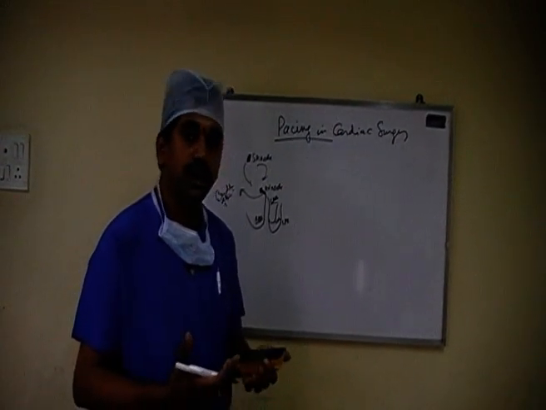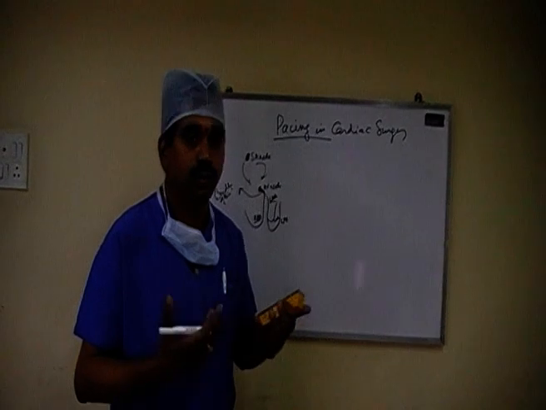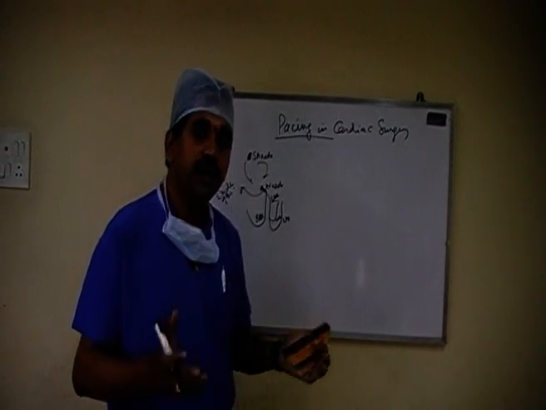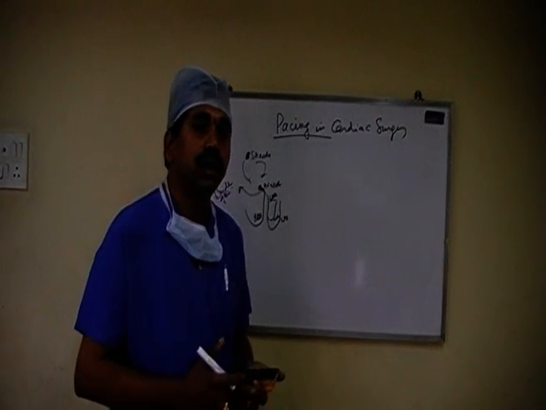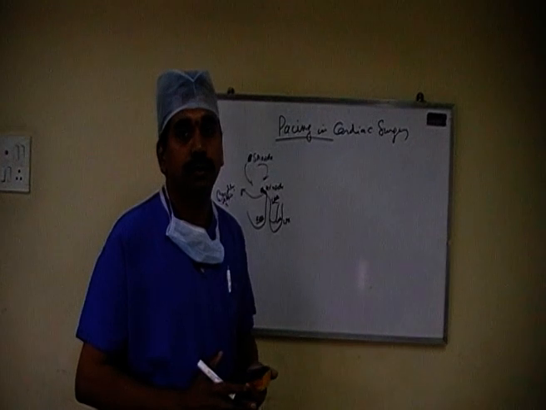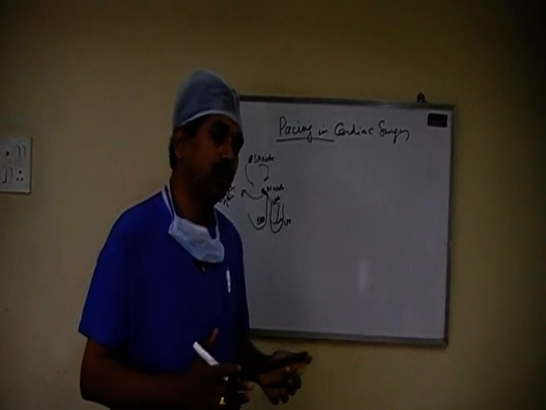Or if there is a graft occlusion or a perioperative myocardial infarction, or for any reason the heart rate is slow, then as a backup we have a pacing mechanism which we put in at the time of surgery.